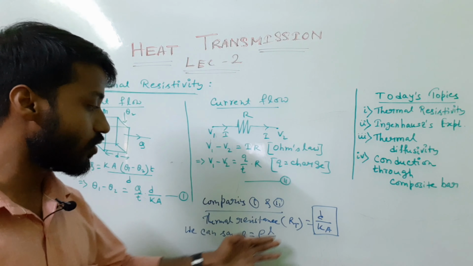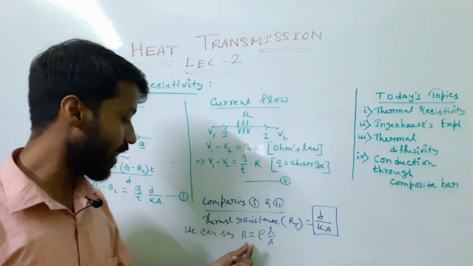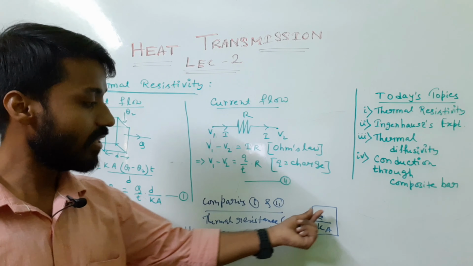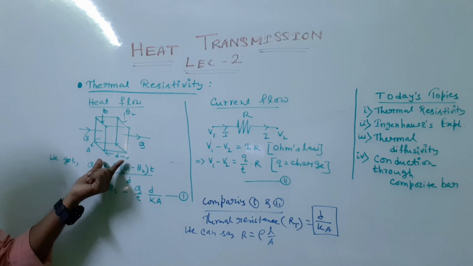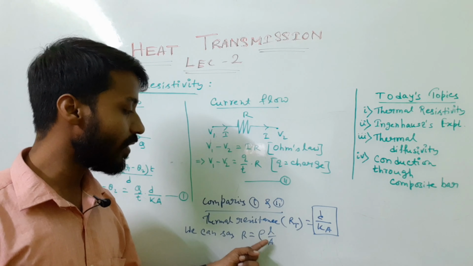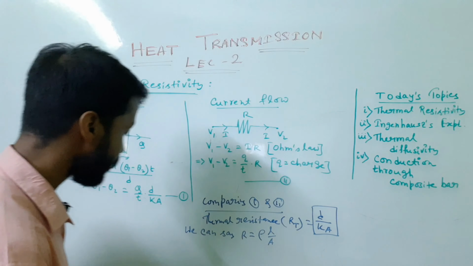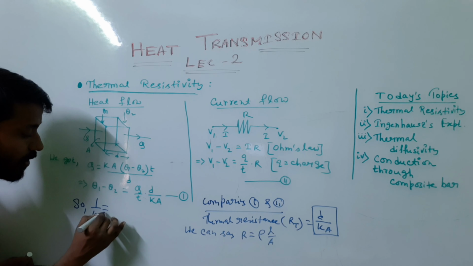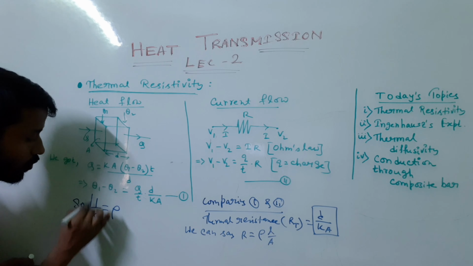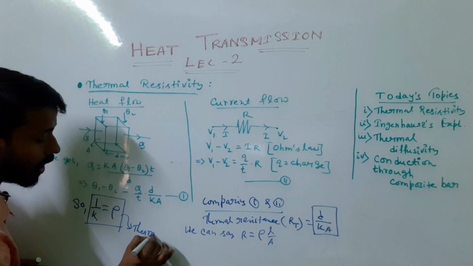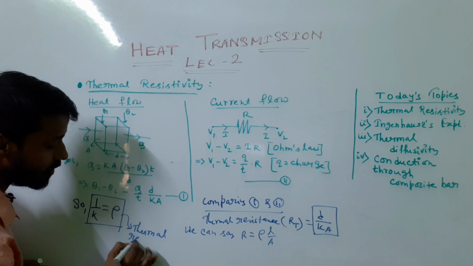If we compare this thermal resistance and electrical resistance, L is the length, D is also a length, A is the area, so rho can be compared to 1 by K. So 1 by K can be compared to rho. This terminology is called thermal resistivity.